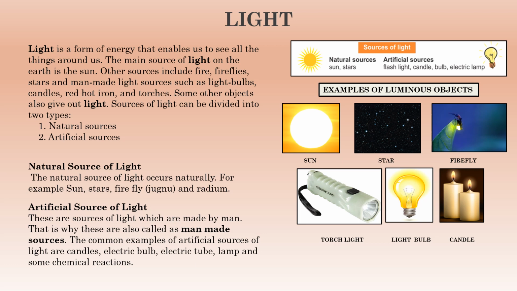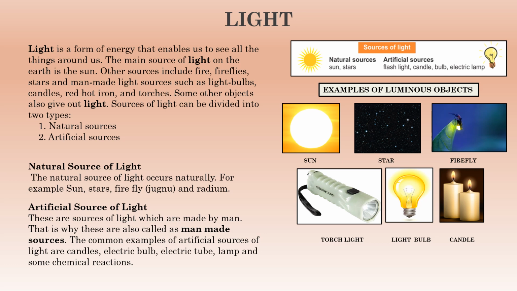Also, we can think about tube light, bulbs, fire that gives us light. So, what is light? Light is a form of energy that enables us to see all the things around us.